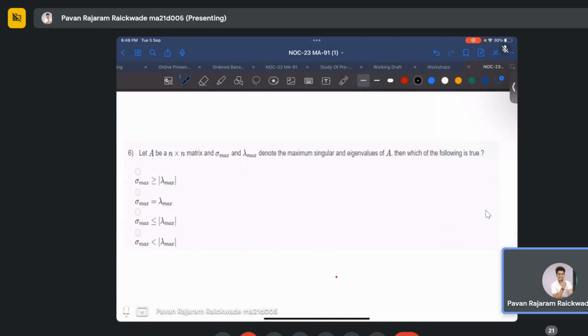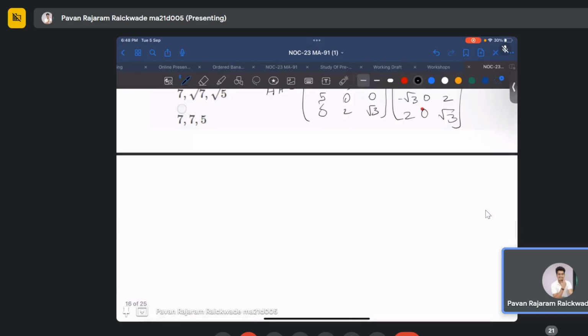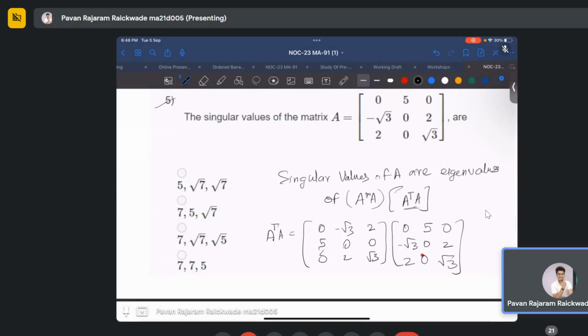Next one is, let A be. Okay, let's give some thought to this. Is there any smarter way to find eigenvalues, singular values, if we know something other than this?